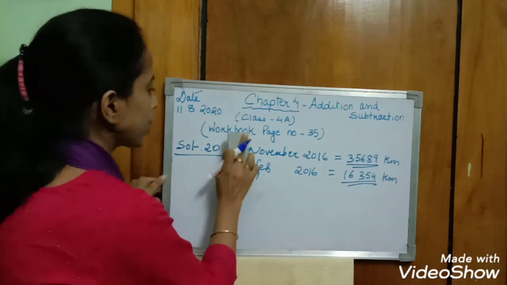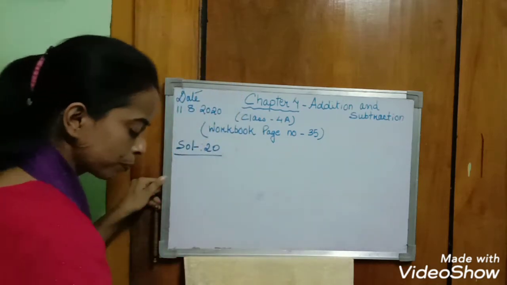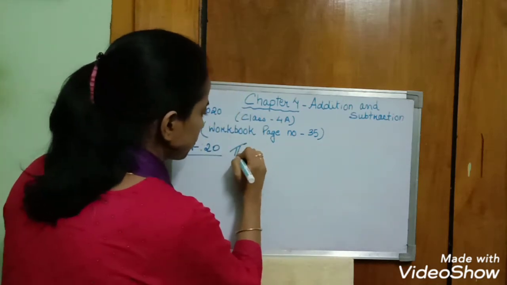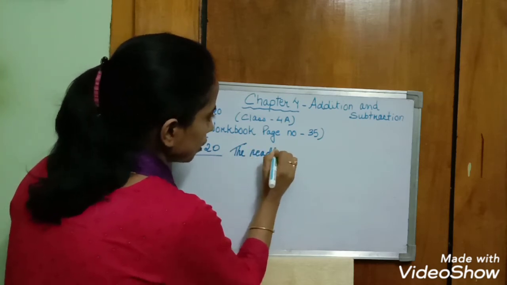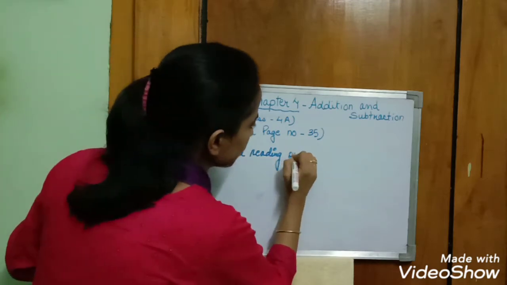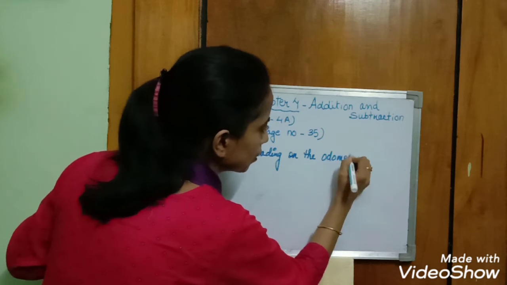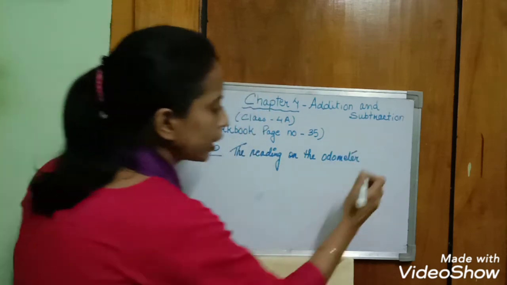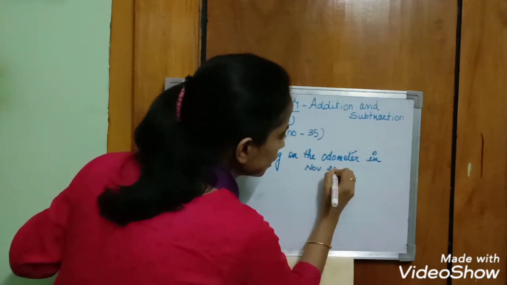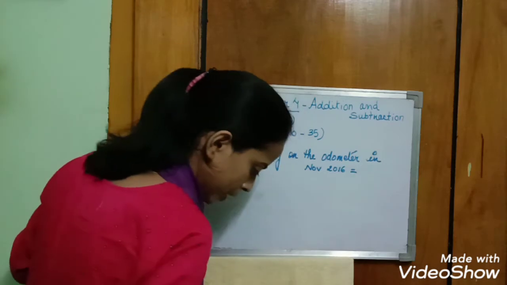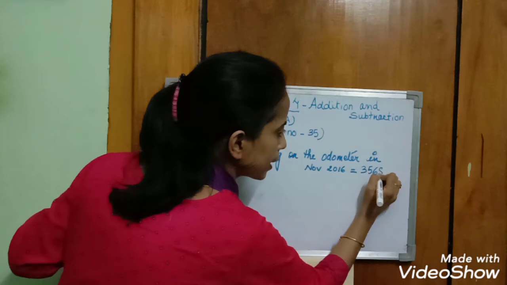Right? Now first you write down the statement. The reading on the odometer in the month of November 2016 is equal to 35,689 km.